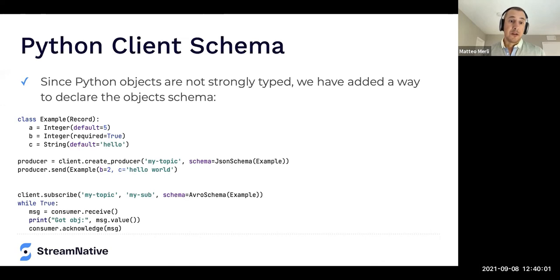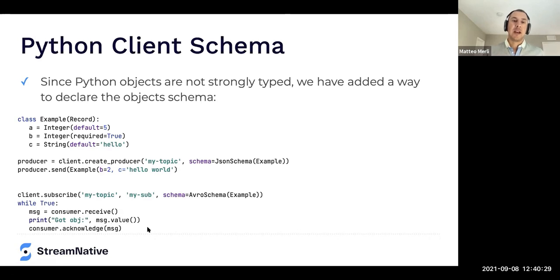Similarly, on the consumer, you can subscribe and pass your schema. Here I define our schema, so you can get JSON schema or Avro schema, and then you are receiving a message. When you say message get value, it is an object which is an instance of this class example. And then you are acknowledging the message.